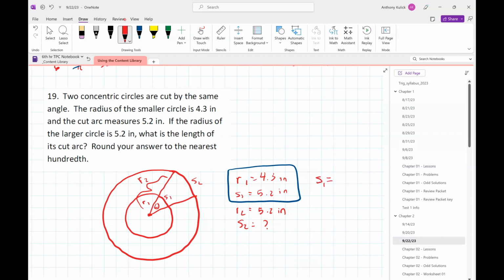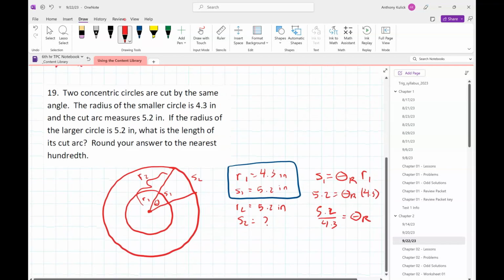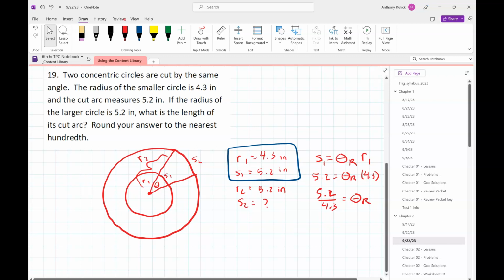I'm going to use the radian version of our formula, just because it's an easier formula to deal with. So the value for theta is 5.22 divided by 4.3. And I could get a decimal out of that, but I don't really care because that's not my final answer. I'm just going to leave it as that goofy looking fraction for a minute.